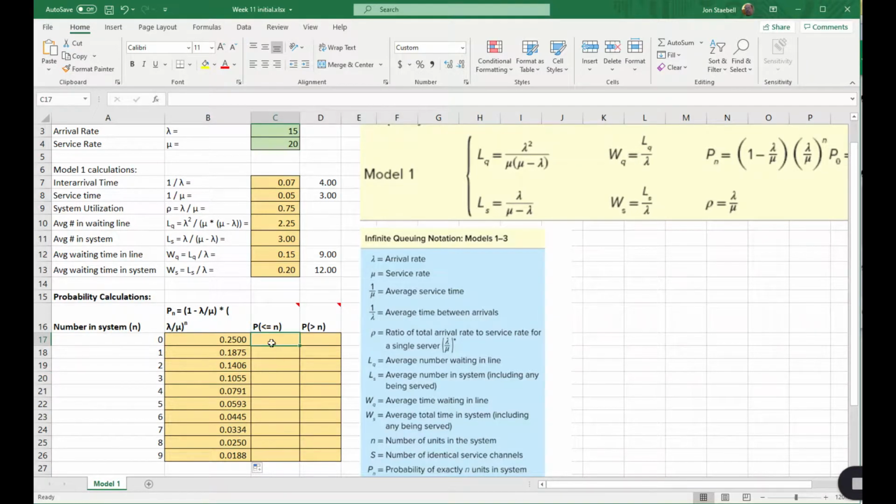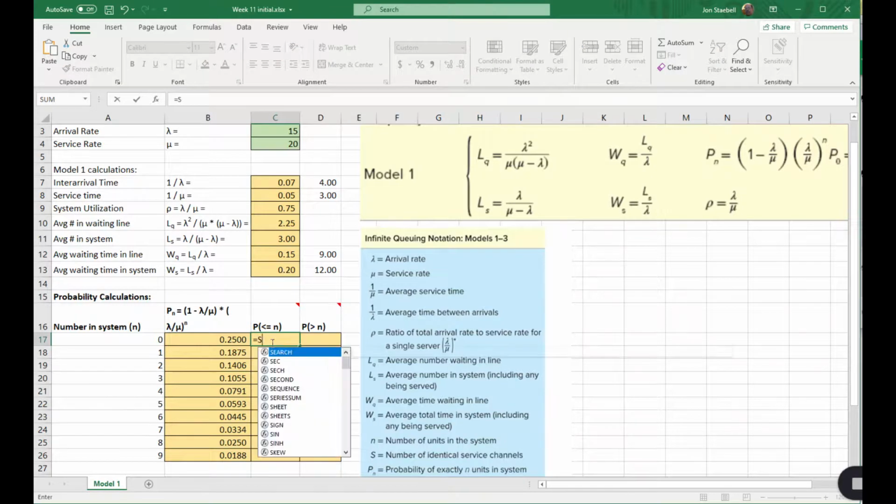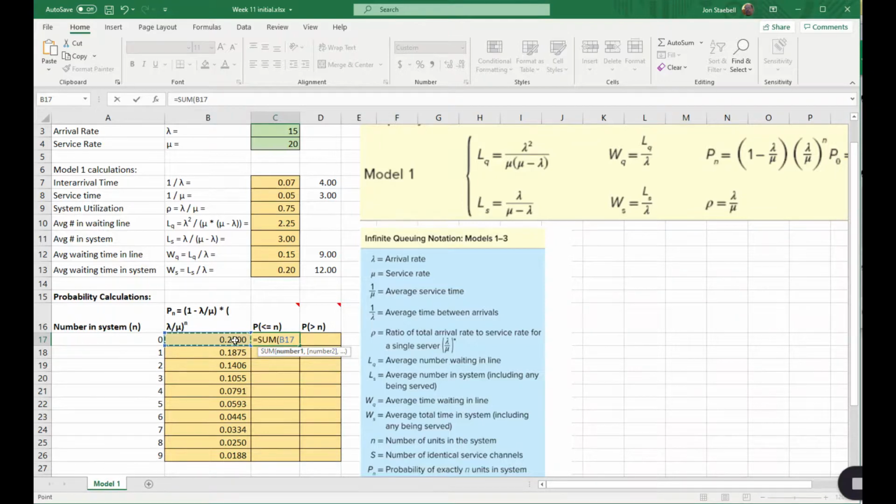Well, what I'm going to do here is equals SUM from cell B, and I'm in cell C17. I'm going to say that that's the sum of B17 through B17. Now, hold with me. That seems like kind of a dumb thing to do.